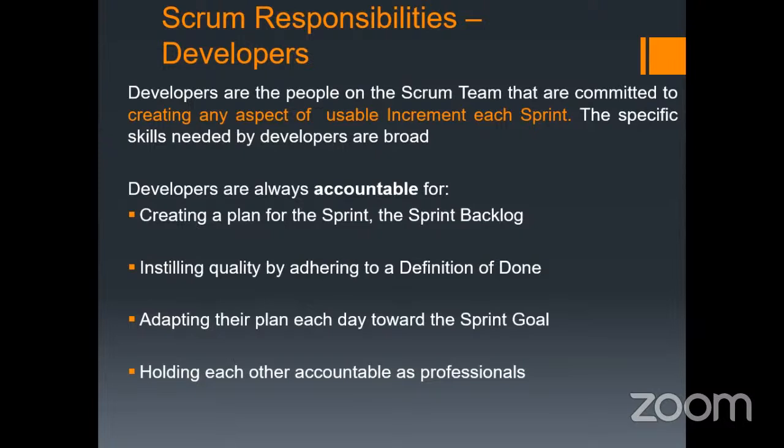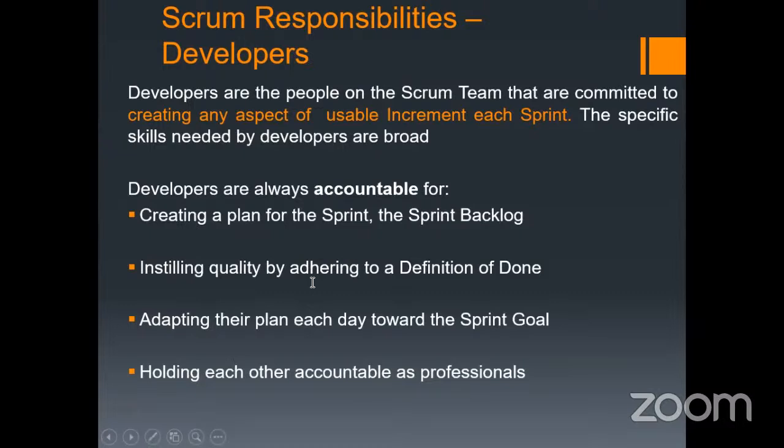Developers are the people on the Scrum team. They are committed to creating any aspect of a usable increment in every sprint. In every sprint, a usable increment needs to be produced by the developers. They create the sprint plan, that is the sprint backlog.